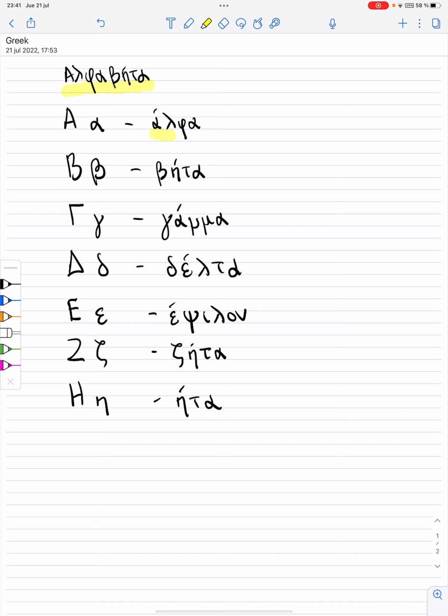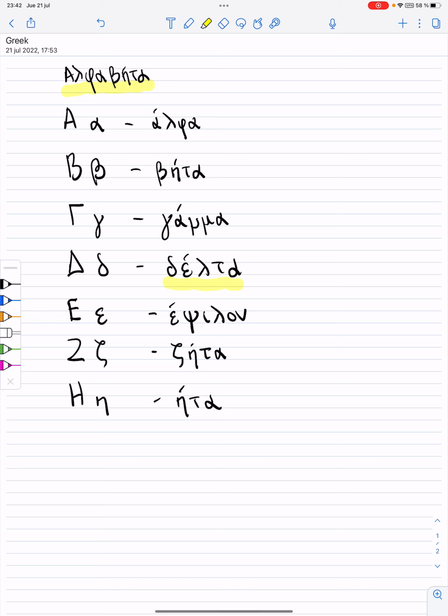So yes, this is alpha. Okay, let's go to this one. Okay, so this would be vita. Let's go here. So what do you think it is? This is gάμma.